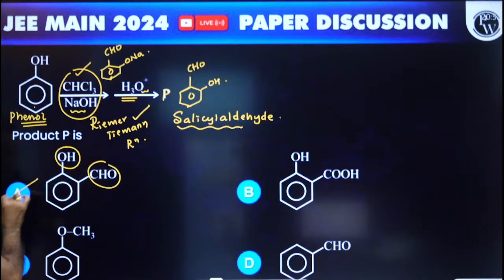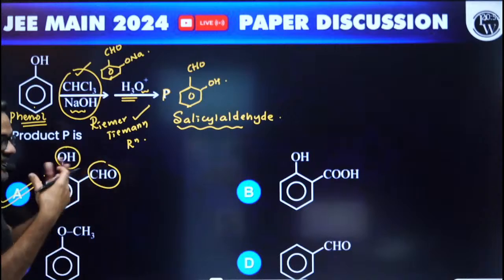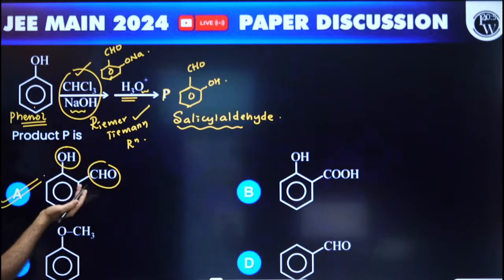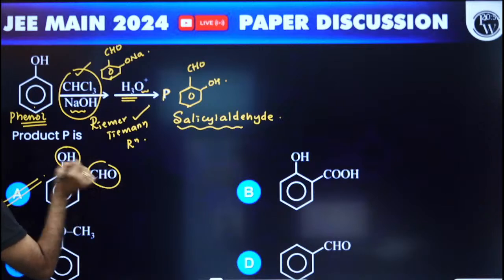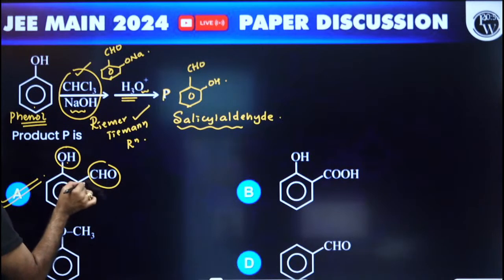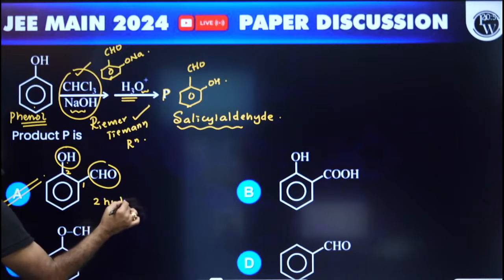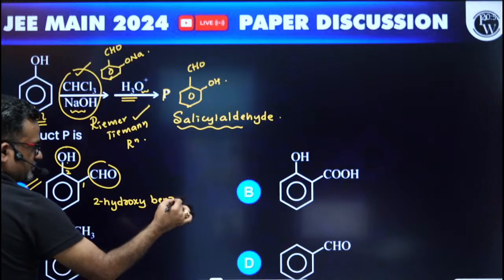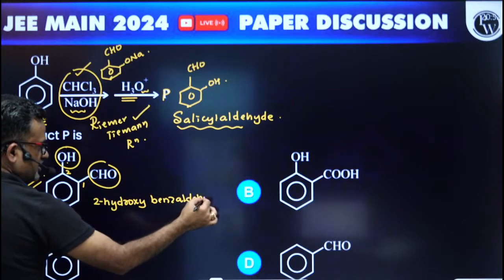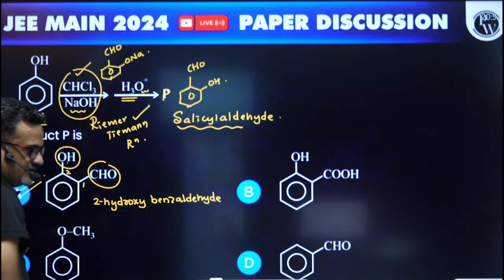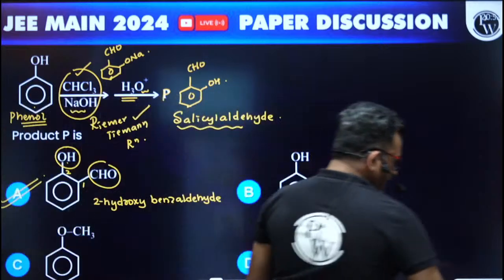So your answer should be option A. They can ask you in the next series the IUPAC name of this. Comparing OH and CHO in the priority list, this comes first and this comes second. So you can call it 2-hydroxybenzaldehyde. They may not give you the structure, they may give you the name like this. Is that clear? Right.